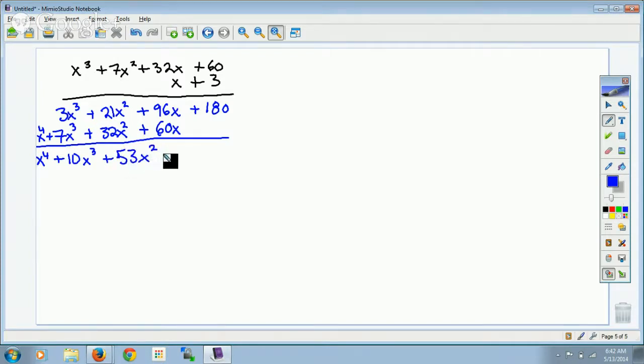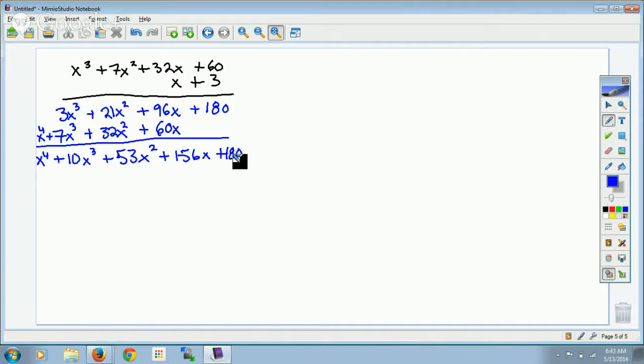Hoping my arithmetic is okay along the way. 96 and 60 is 156x, and then 180. Oops, missed the 1 there. 180. I think that polynomial has the zeros that were given. So now I need to check it. So I'm going to type that into Desmos and hope I get it right.